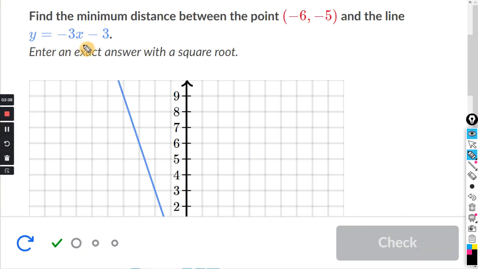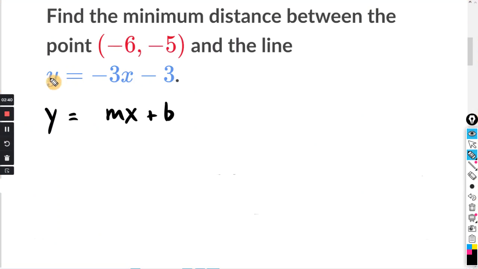This line equation is in the form of y equals mx plus b. So clearly we can see the slope is -3. And we need to take the negative reciprocal of that.